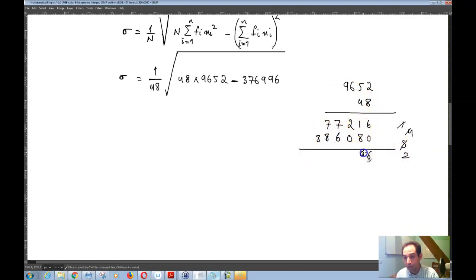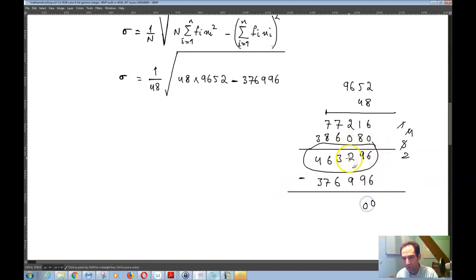So you have 6, 9, 2, 13, 1, 16, and 4. So that's this number there. That is this number here. Subtract from that 376,996. 376,996, subtract 0, 0, and well, make this a 3, make this a 16, 15, 12, and 12.